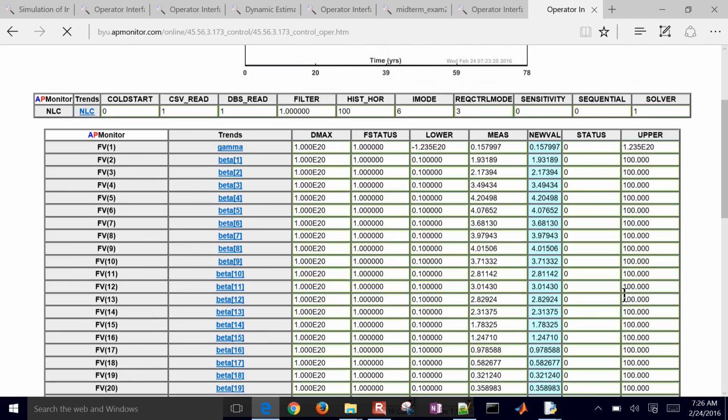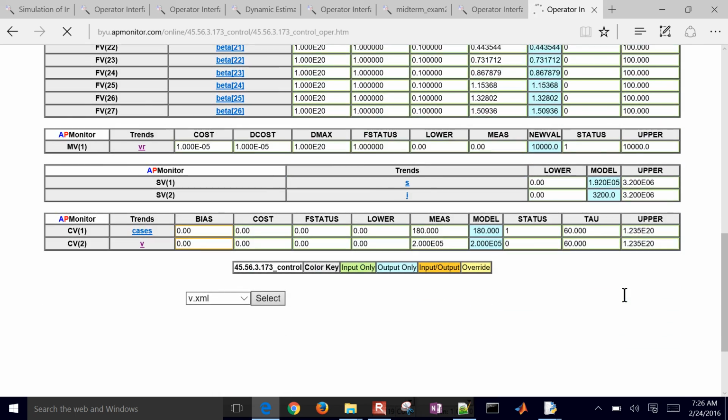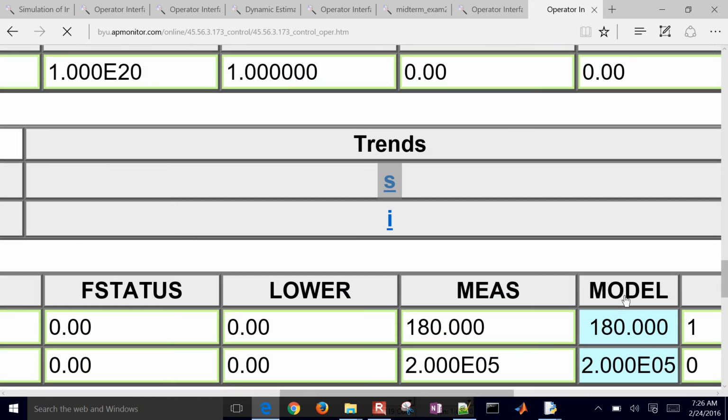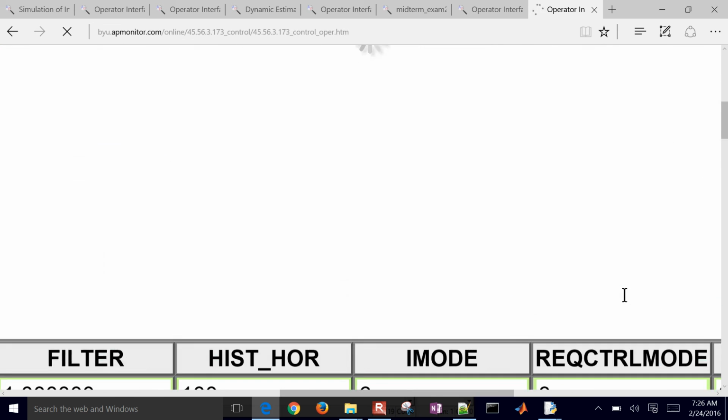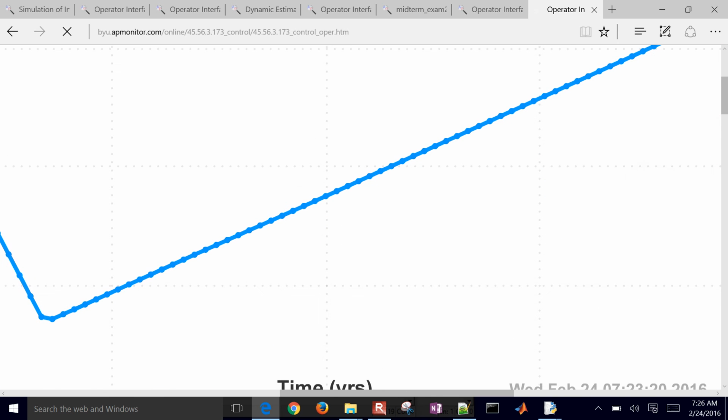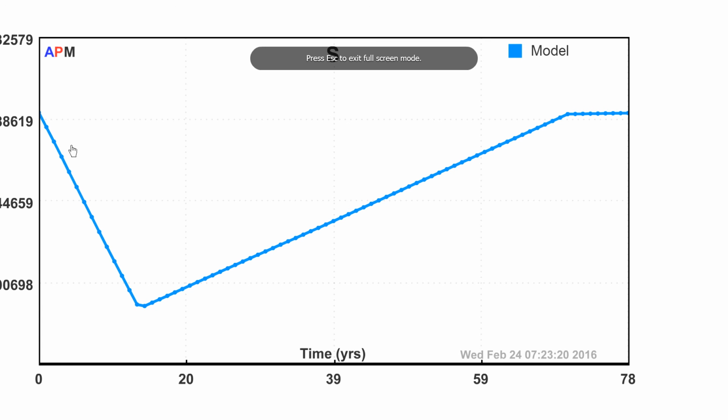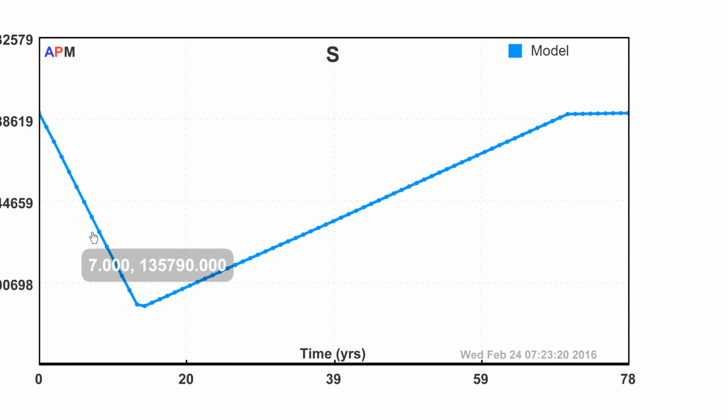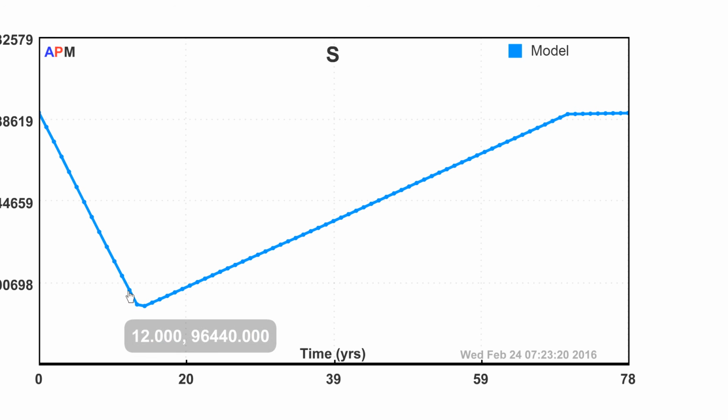Let's look at our susceptible and our infective populations as well. Here's our susceptible population. Let me see if I can make this go full screen. So for our susceptible population, we vaccinate, that goes down, but we still have that birth rate that wants to bring it back up.